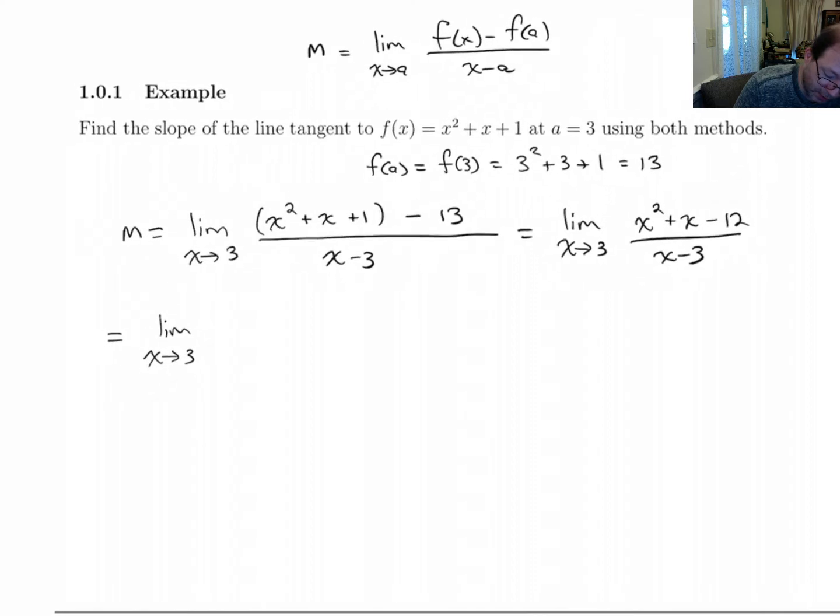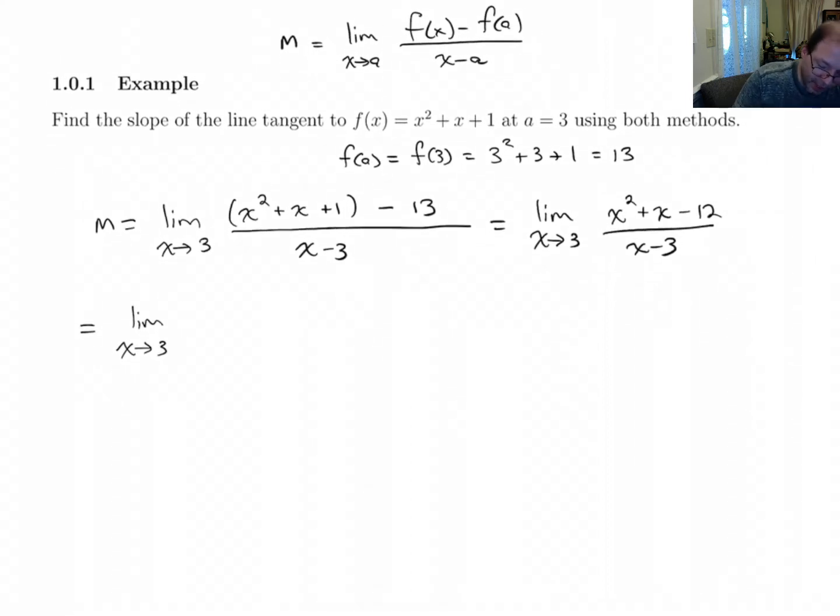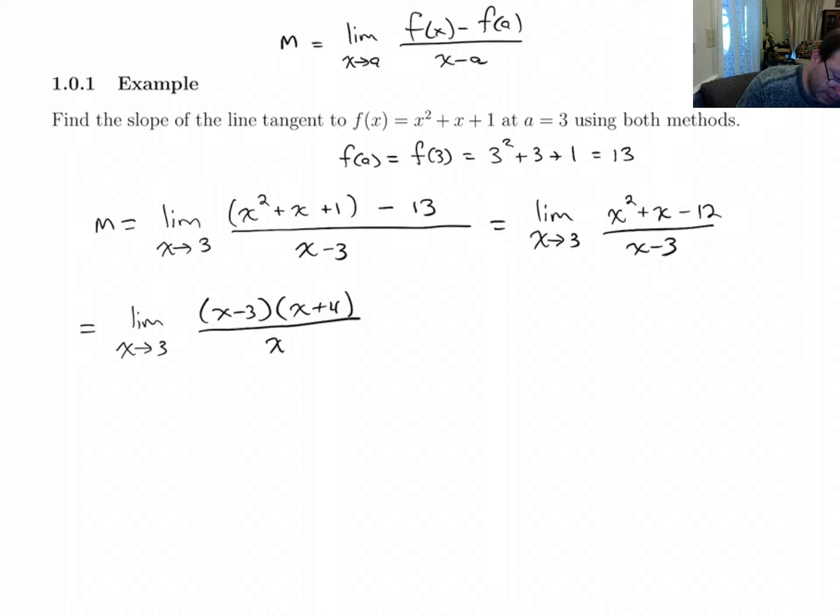So I can factor the top into x minus 3, x plus 4 over x minus 3. We can cancel, and we're left with the limit as x goes to 3 of x plus 4. So I just get 7.